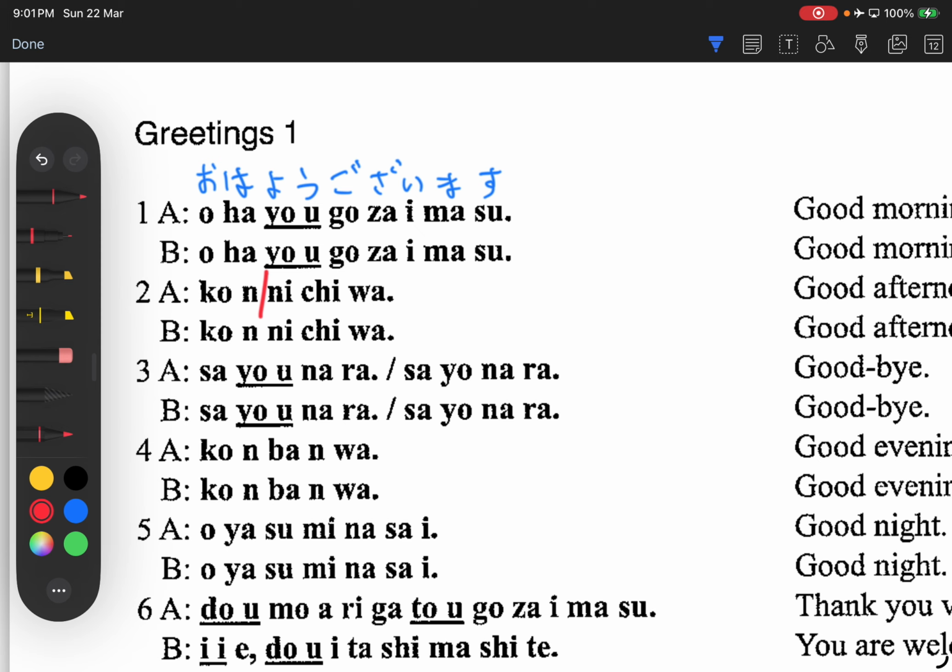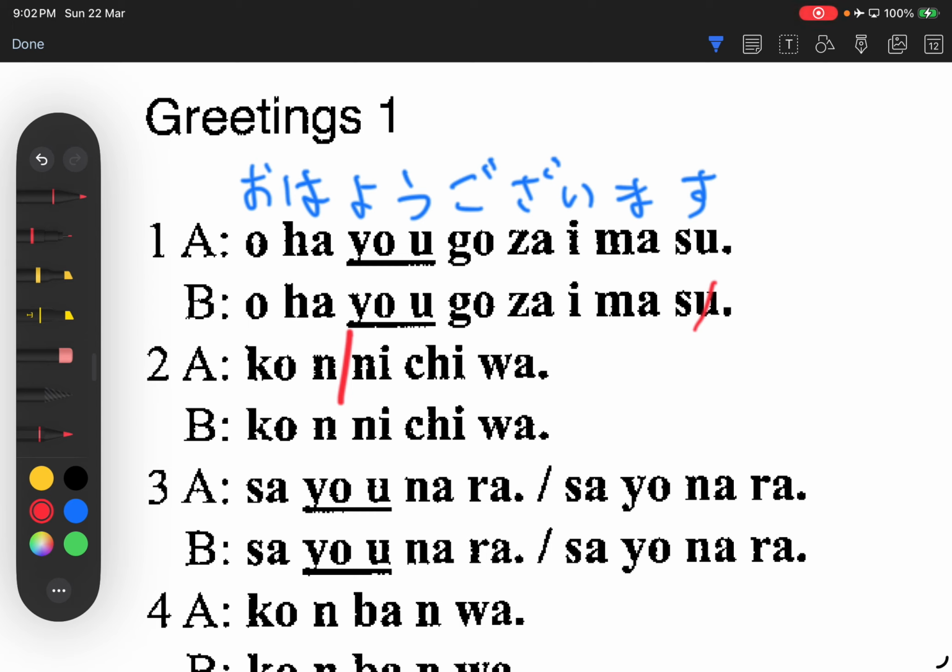Yes. When do you read the su or not? Because you say gozaimasu, but you don't pronounce the su. Okay, good question. I missed explaining that. For gozaimasu, the U is silent. When is the U silent? This one is by experience. I wouldn't say there's a hard grammar rule that says it must be silent here and there.